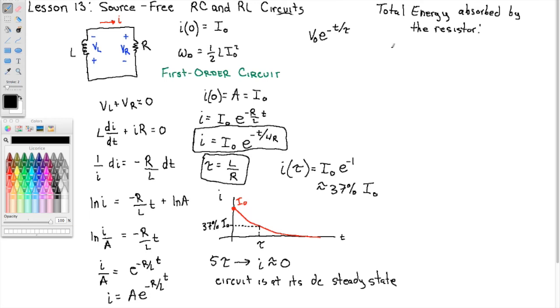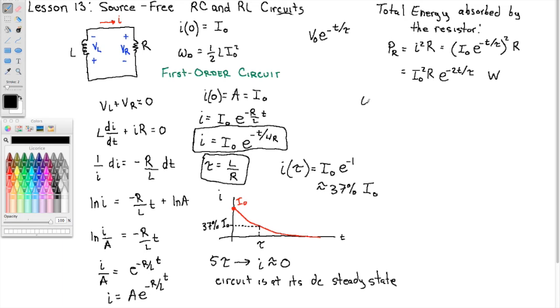Well, the power absorbed by the resistor we can write as I squared R. And we just found out then that's going to be I0 e to the minus t over tau, squared, times R. And if I bring in that square, this is I0 squared R e to the minus 2t over tau watts. Right?